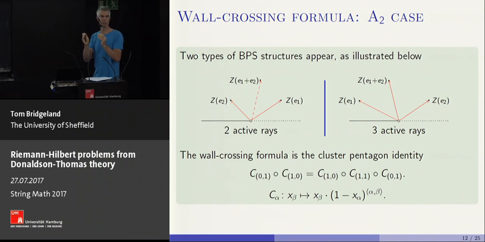So that's the adjacency matrix of the A2 quiver. If I change that to a different number, this situation will become much more complicated. On this side, I can start with the same data, but when I cross the wall, I will have infinitely many rays, and it's very complicated. We don't really understand the BPS invariants explicitly. We just know that they're uniquely defined by this wall crossing property.